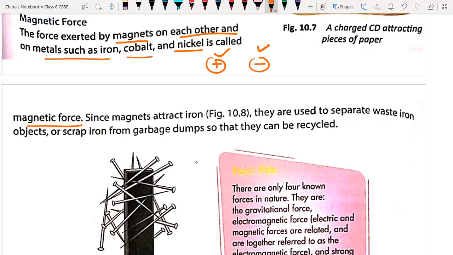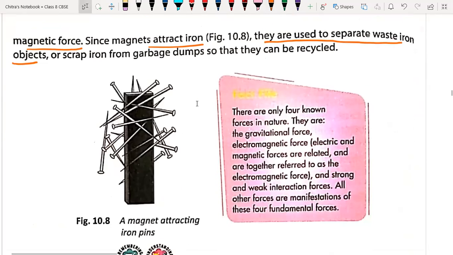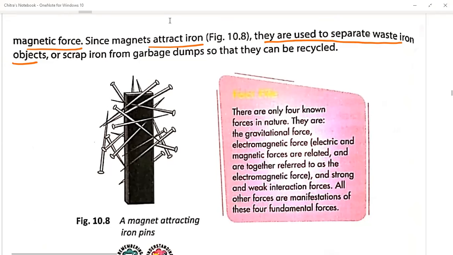Since the magnetic force of attraction acts on iron, it is used to separate waste from iron objects. Suppose we have many iron objects and scrap. We can separate those magnetic objects from the scrap using a magnet, because when we carry that magnet over the scrap, all the metal objects will get attached to it and we can separate them easily.